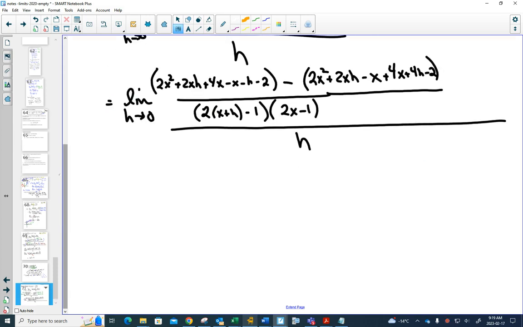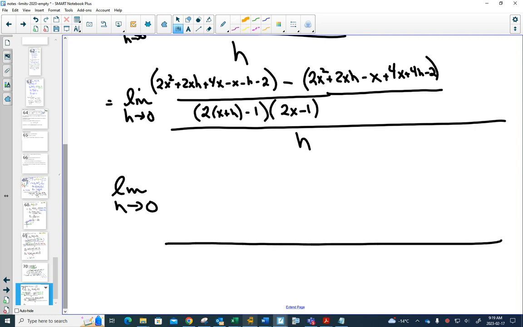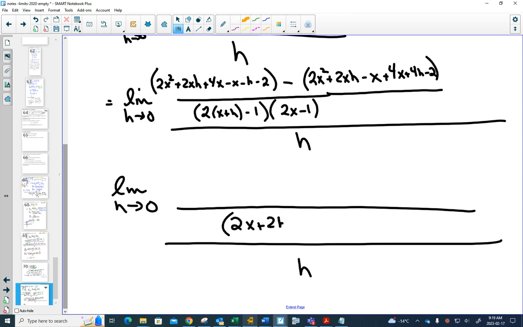So, okay, where are we at? Limit as h goes to 0. We've got our big line, that's h. Our next line has 2x plus 2h minus 1 times 2x minus 1. And on the top, this minus sign is going to get distributed through all of this.